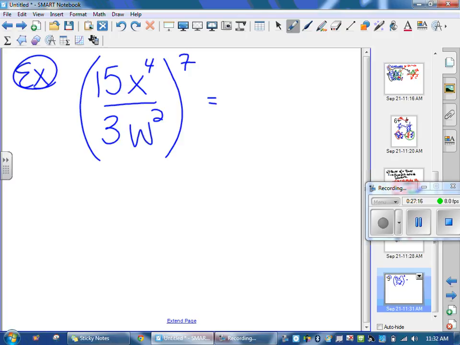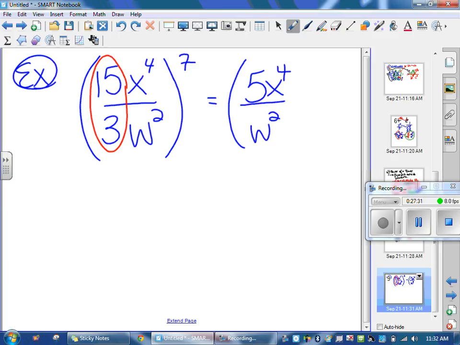So the first thing you're going to do is solve this part if you can. Okay? So 15 divided by 3, how big? 5 times. Good. So this is actually going to become 5X to the 4 on top of W to the 2, all to the 7th. Okay? Because that 15 and 3 are going to make that 5.